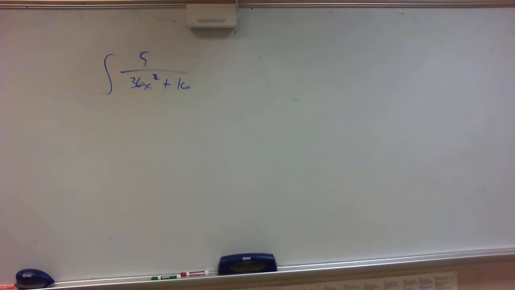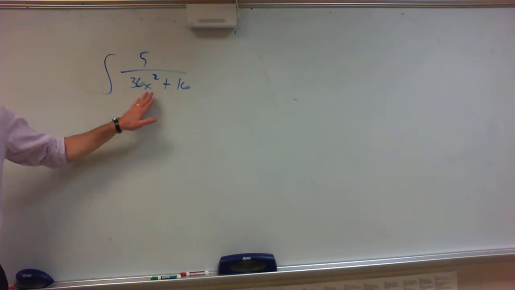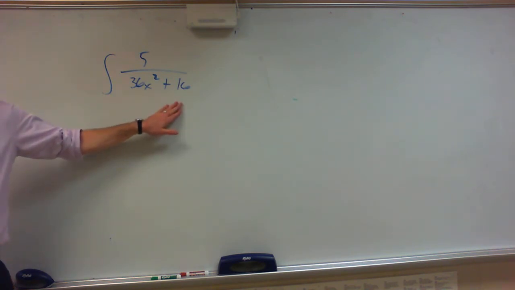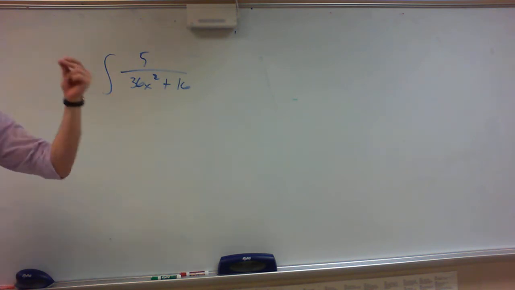What does it look like? Arc tan of 6x. Are we okay with arctangent? How do we know it's arctangent? Because do you see an x squared plus a number? If you see x squared plus a number, you think arctangent.